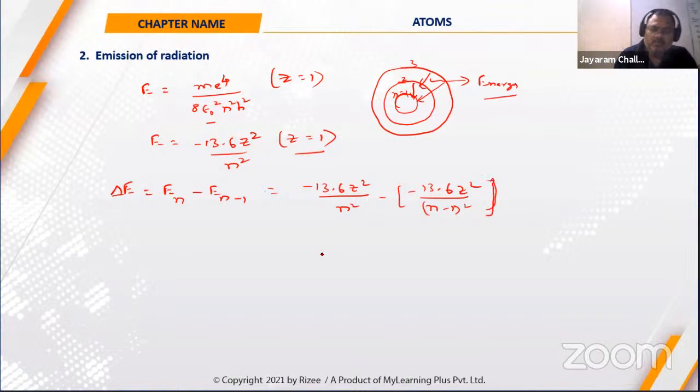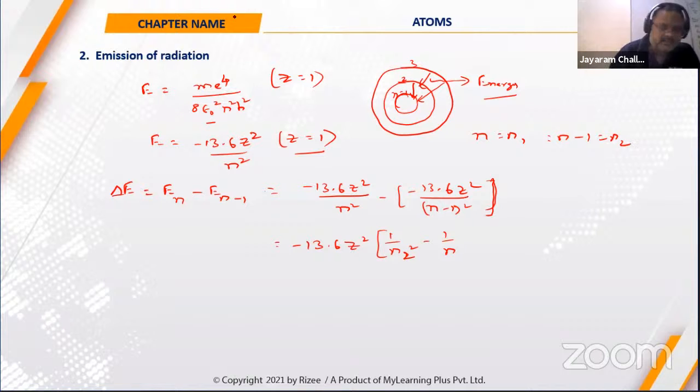Or else, if I consider this n as n1 and n minus 1 as some n2, then the same relation can be written as minus 13.6 into Z square times 1 by n2 square minus 1 by n1 square.